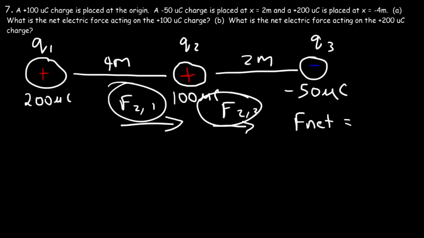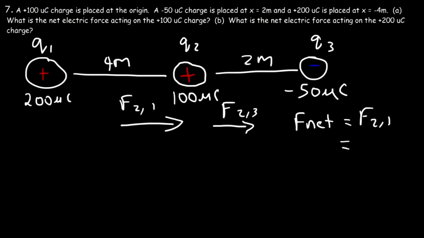Anytime you have two vectors that are parallel to each other, to find the sum of those vectors, you can simply add them. So the net force is going to be F1 on 2 plus F3 on 2, or the force exerted on 2 by charge 3. So we just got to add those two values. So first, we need to calculate each one.